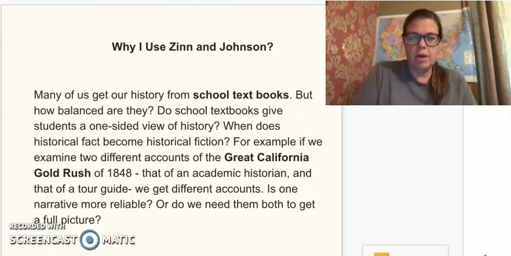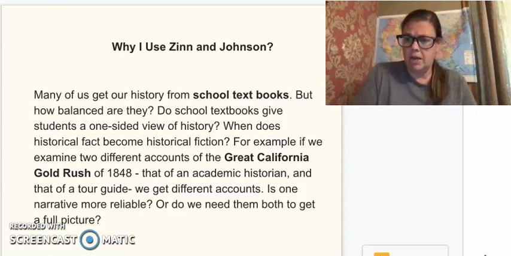Are they doing it in a biased way? And when does historical fact become historical fiction? For example, we may examine two different accounts of the California gold rush of 1848. If you get one account from an academic historian and the other account from a tour guide, you get different accounts.